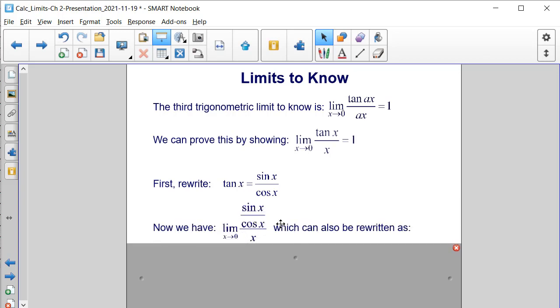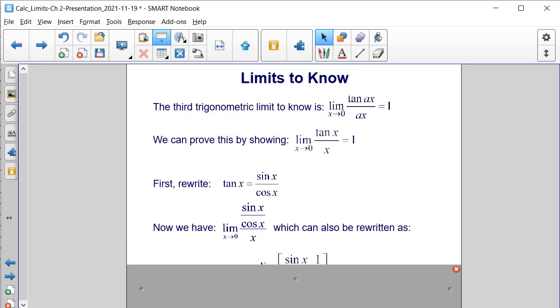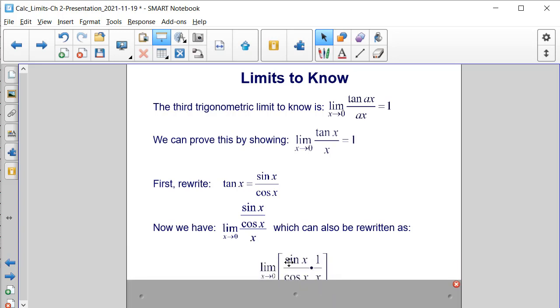This will now make our limit the limit of sine of x divided by cosine of x, all divided by x as x approaches 0. This can also be rewritten as the limit of the quantity sine of x divided by cosine of x times 1 over x as x approaches 0.